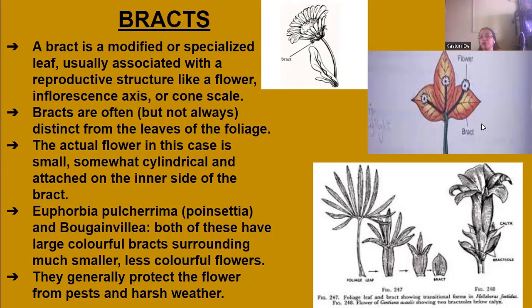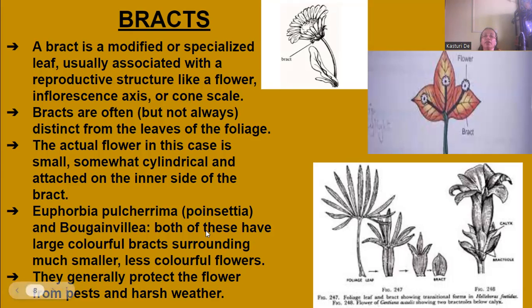You can see the second picture. See the bracts, they have grown like leaves, brightly colored floral leaves, with petals. The actual flowers are very small, white flowers. The actual flower is small, but the bracts have become flower-like.